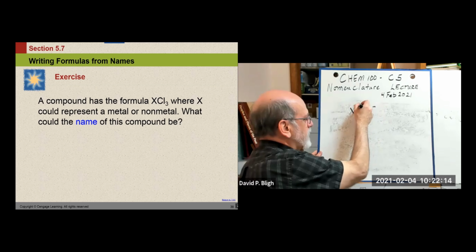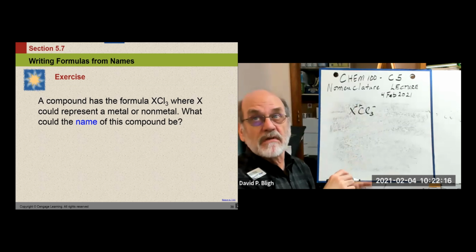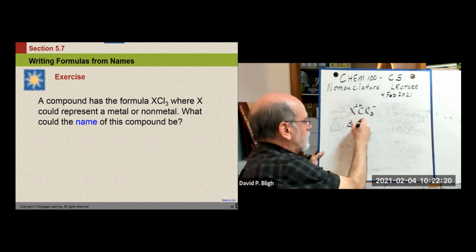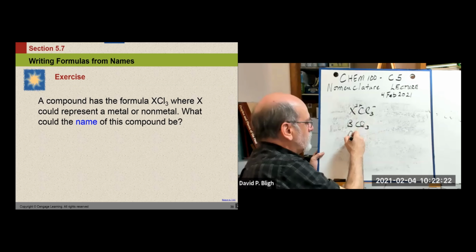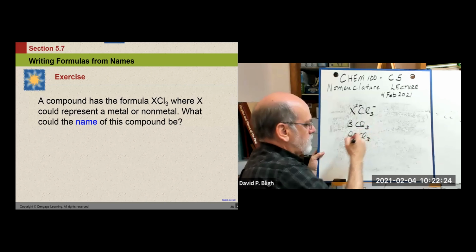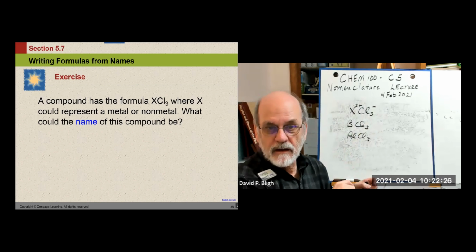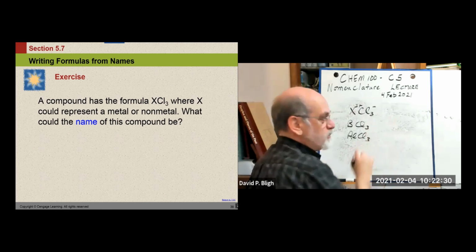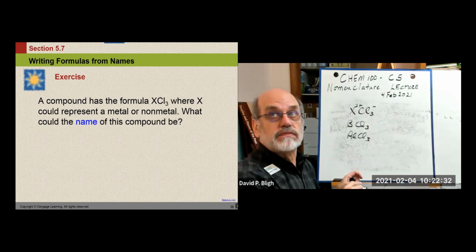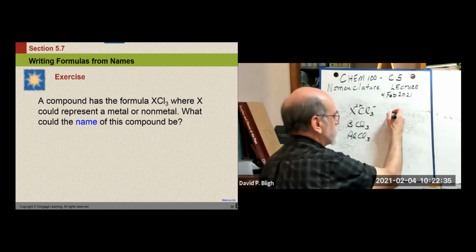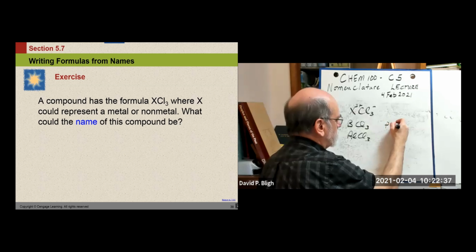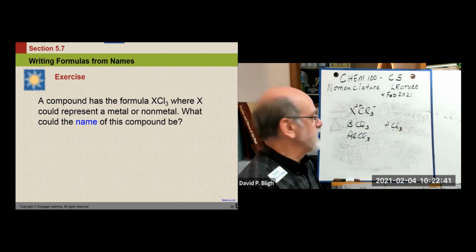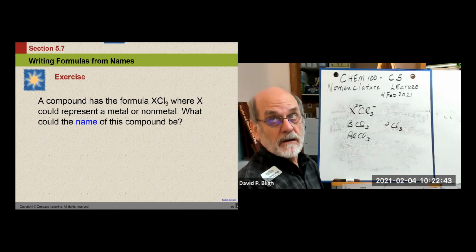This would have to be 3+. So it could be boron, could be aluminum, right? If it's a nonmetal, then it could be phosphorus, or it could be arsenic.